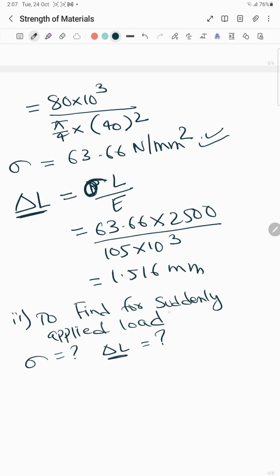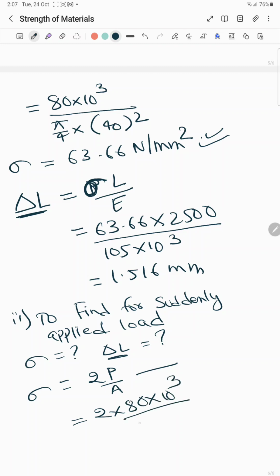For the suddenly applied load, we know that stress is equal to 2P upon A. This formula has also been derived in my previous video, you can go and check it out. Here also we know all the values: 2 into P, which is 80 into 10 to the power 3, upon the area, pi by 4 into D square, with D equal to 40. So we get the value around 127.32 Newton per mm square.